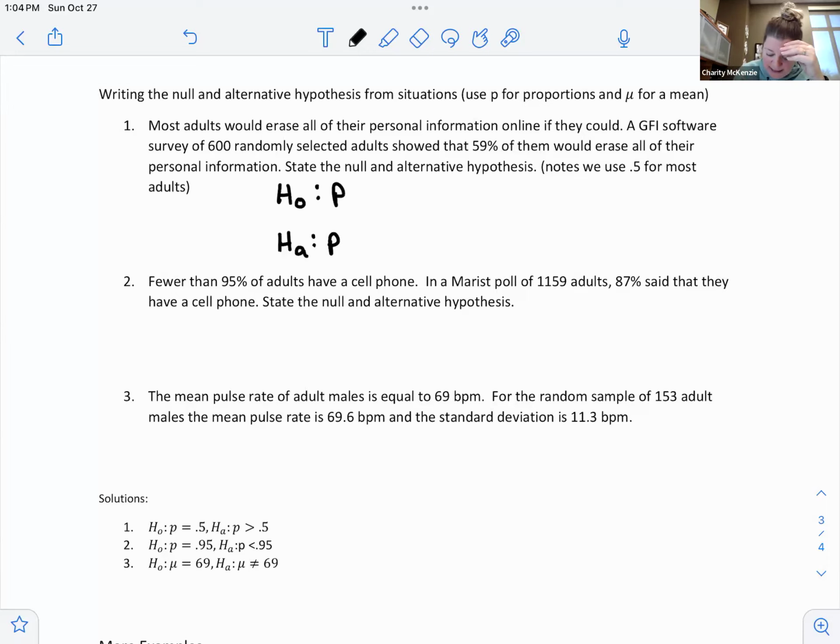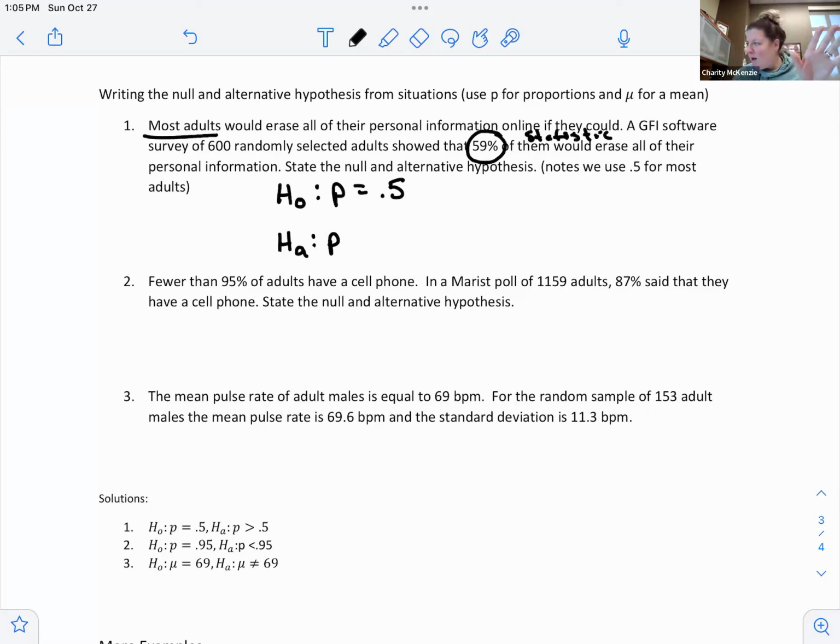So for this one, it's going to equal 50% because it said most adults. The 59% is a statistic that we would use for the full hypothesis test, which we're not going to do yet. So then we have to show, does this one state would erase, so just show that 59% would erase all of their personal information.